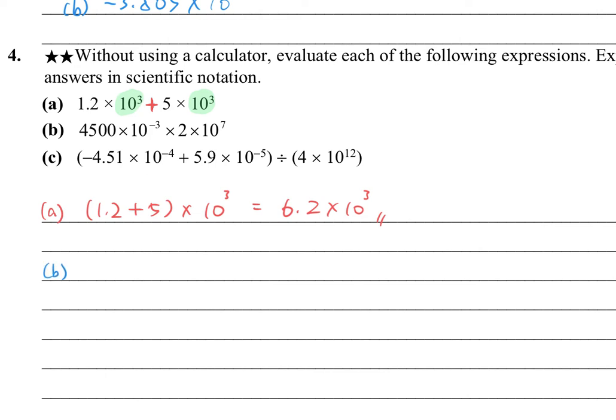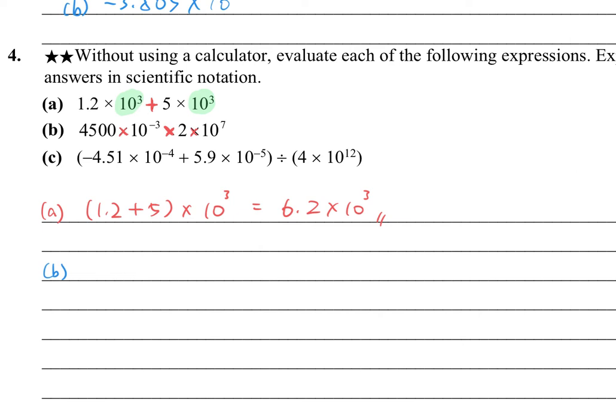So for B, we try to do multiplication. And you also can see the 4500 times 10 to the power negative 3, and then times 2 times 10 to the power 7. So all of them are doing multiplication.